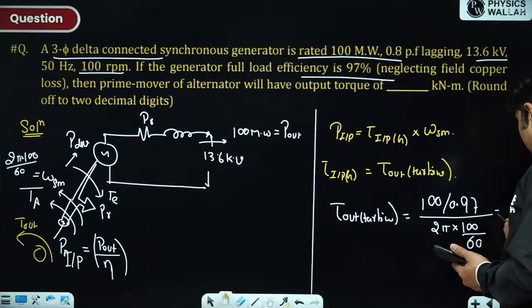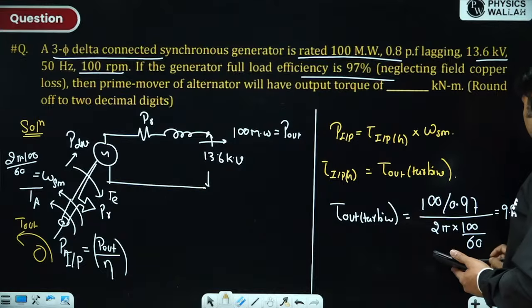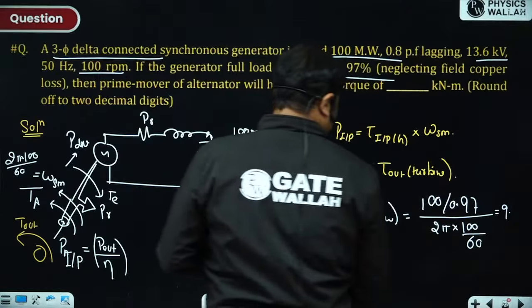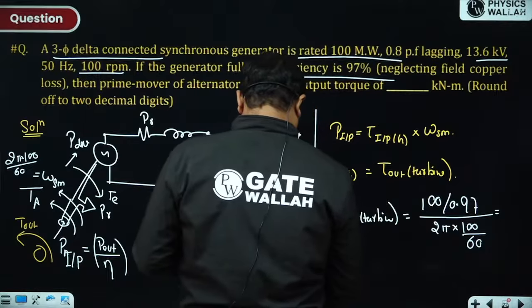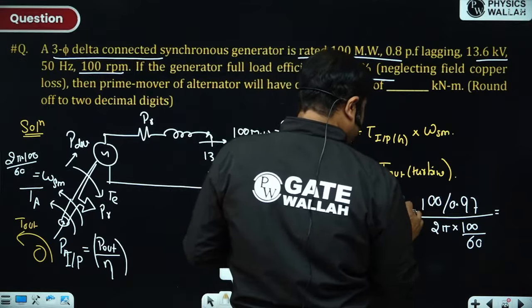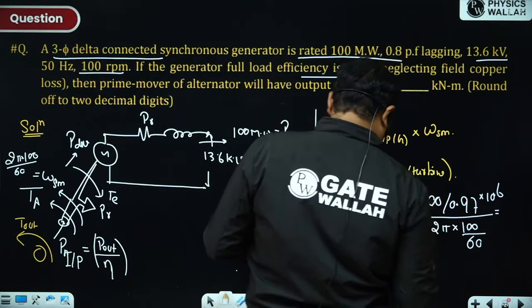How many of you are getting 9.84 newton megawatt? You have to calculate in terms of kilonewton meter. So this is in megawatt, 10 to the power of 6. You have to calculate in terms of 10 to the power of 3.